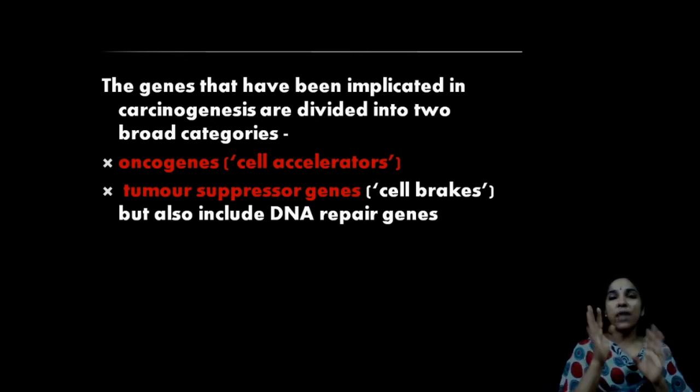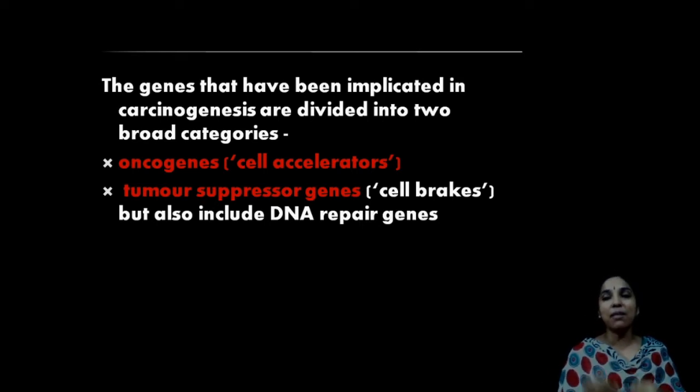Then tumor suppressor genes are the brake. Brake means you will control it. You can control your speed by pushing the brake. So there are accelerators as well as brakes.